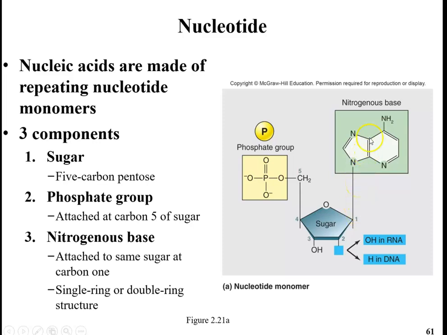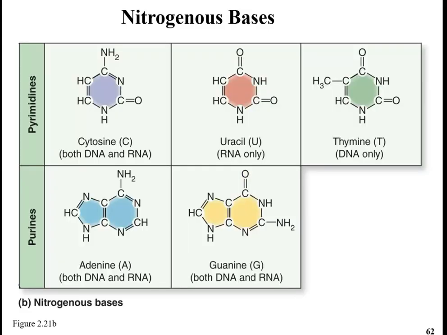The nitrogenous base has many nitrogens in it, so this is a purine, and it has 4 nitrogens. The pyrimidines are a single ring structure. All right, and these are shown here.